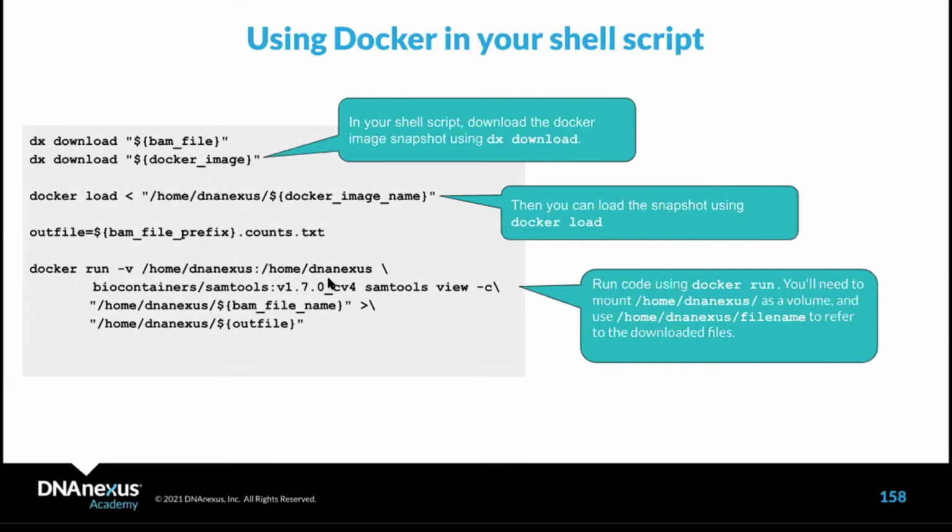And then you can use Docker run on the container. So here you can see we're running that samtools view command. This is our input BAM file, and this is our output BAM file.